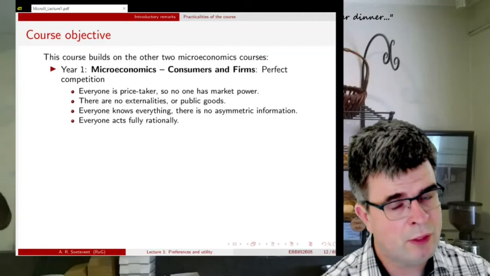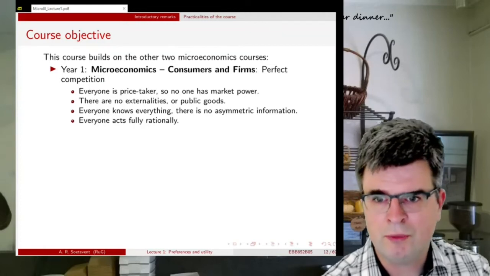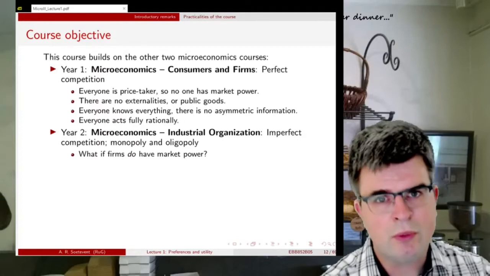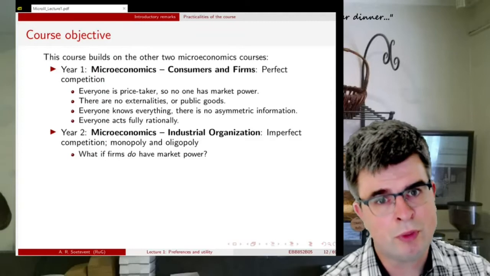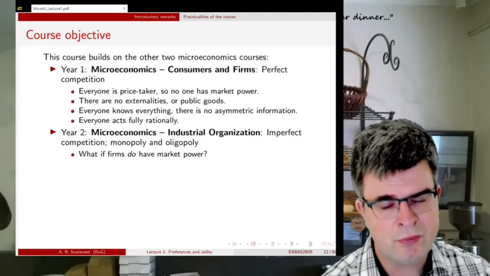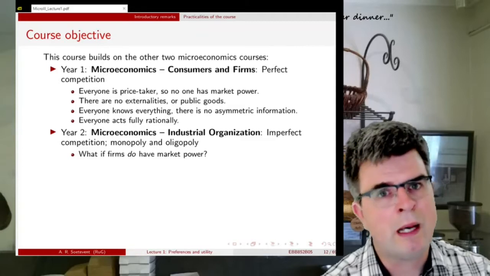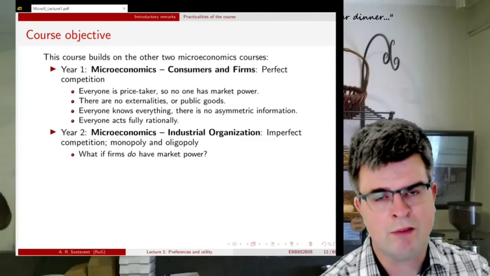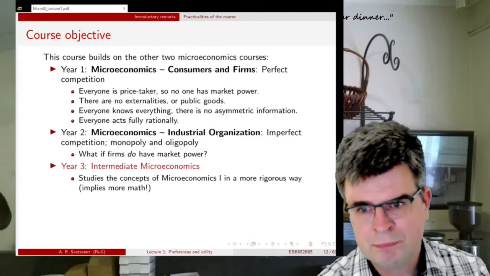Perfect information, everyone knows everything, and everyone also acts fully rationally. And then in year 2, you had Microeconomics, Industrial Organization, where the assumption of perfect competition was lifted. And you studied monopoly and oligopoly and what happens if firms do have market power. Now, what are we going to add in this course?